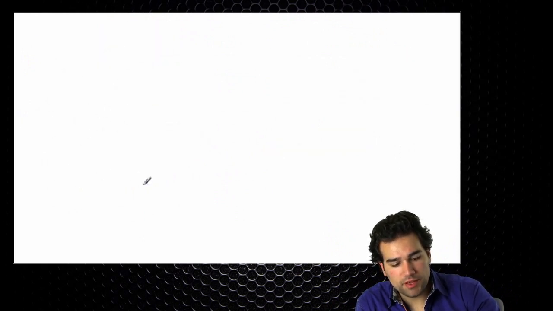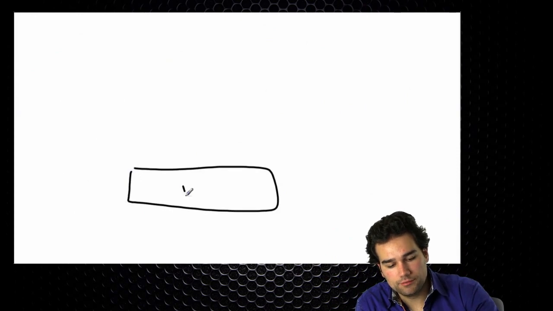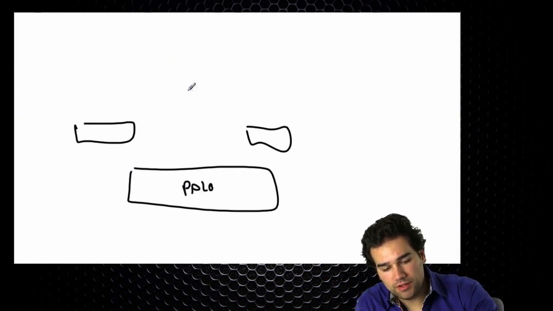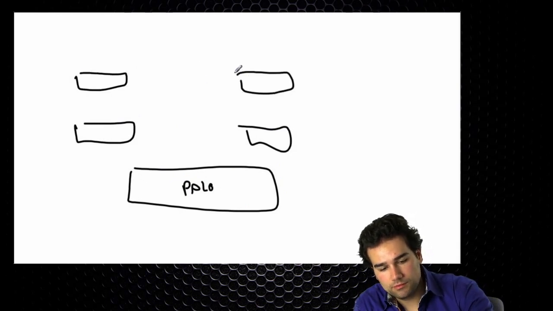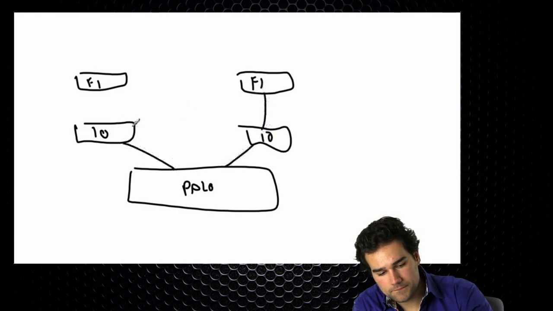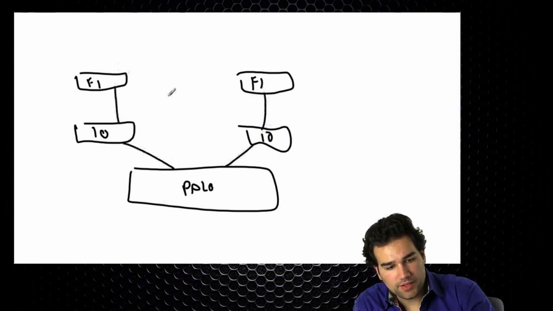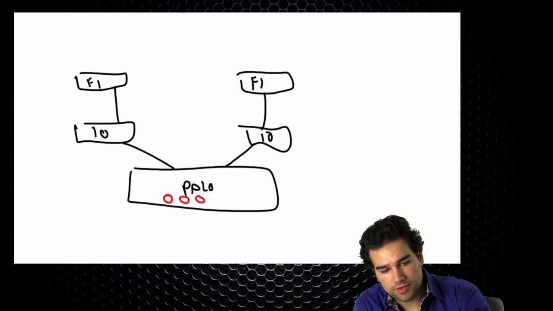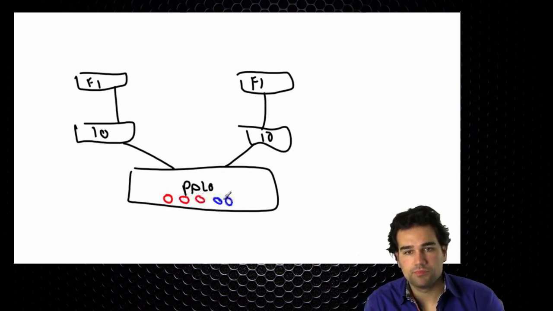So I have my Palo card here. That Palo card has an uplink to an I/O module. It has an uplink to the Fabric Interconnect. Like that. And it advertises some vNICs on its PCI bus and two vHBAs.